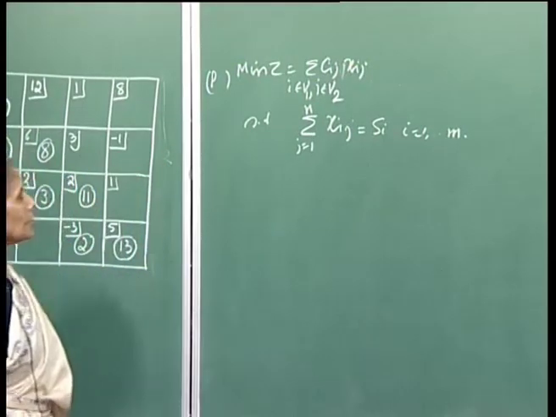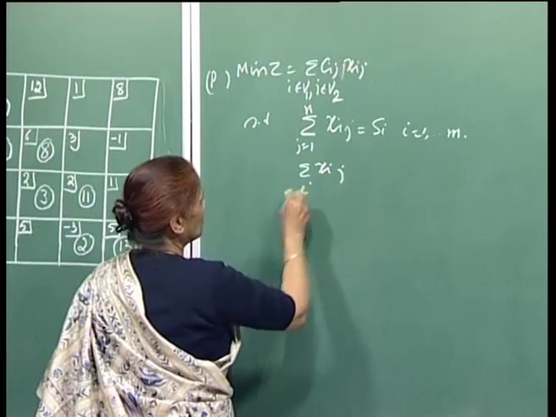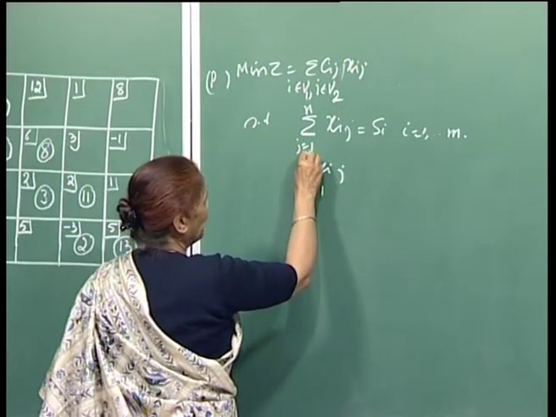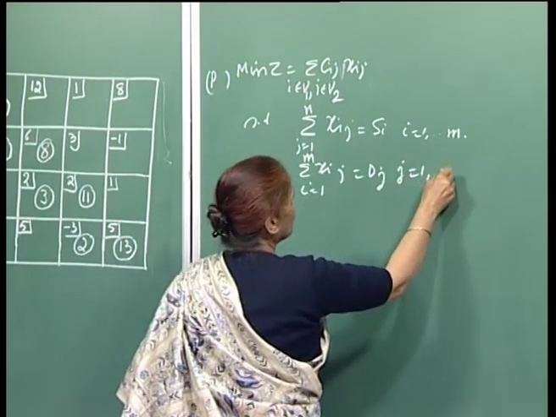These are your supply constraints, and summation x_ij, summation over i varying from 1 to m, is d_j, j varying from 1 to n.